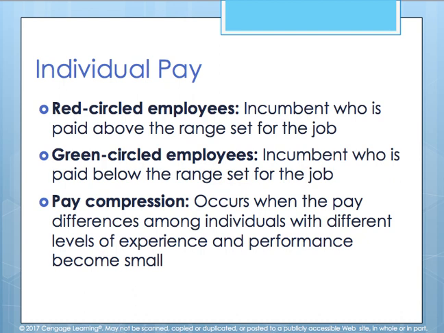However, you can also be paid below the range that's set for the job. So you're a green circled employee. You would think that it would be the other way around, right? Because red always seems to be a red flag, but I guess in a way, if you're being paid above the range, you are a red flag. Because now you're in another ballpark. You're in another category, another level.